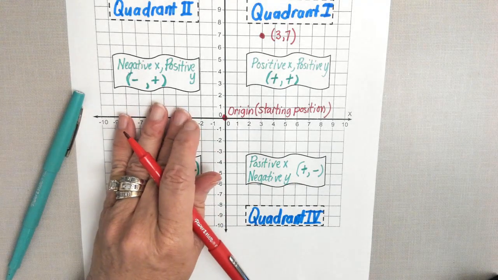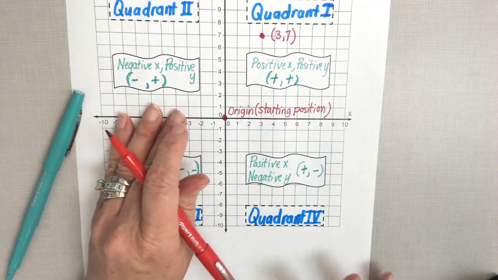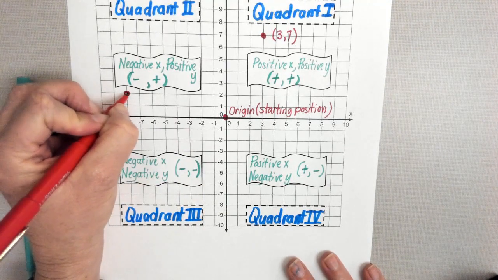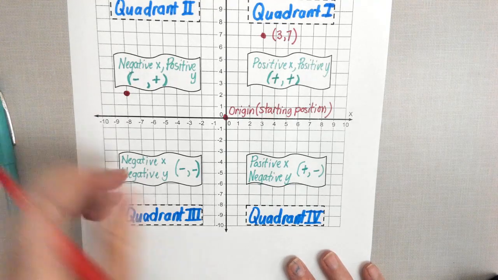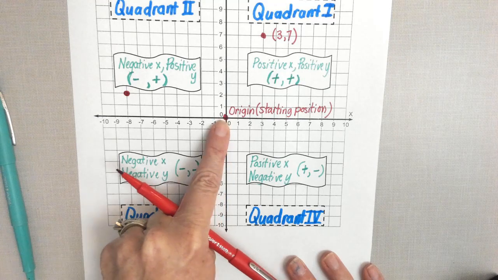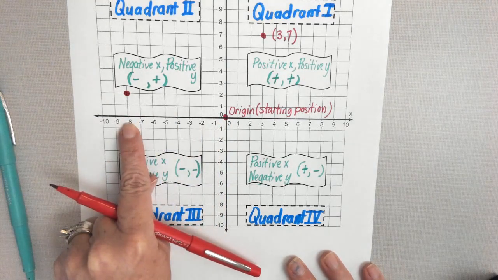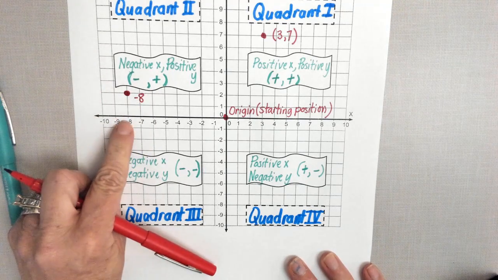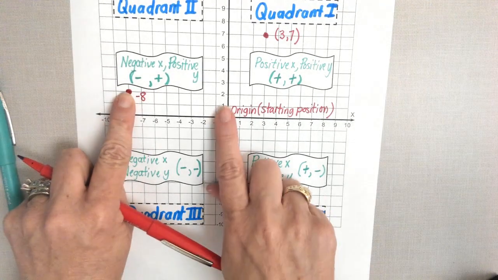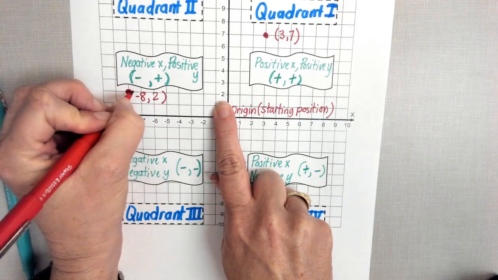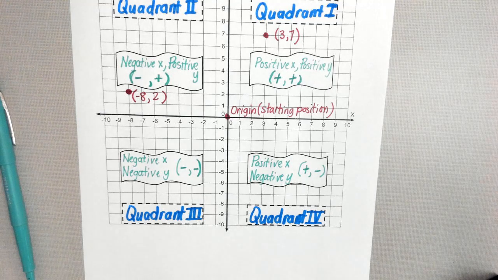If I move over to quadrant 2 and I write an example over here, let's just put that at this location right here. So I started at my origin. I go all the way over to negative 8, and then I'm going to go up to positive 2. And so this is how we would record that point location.